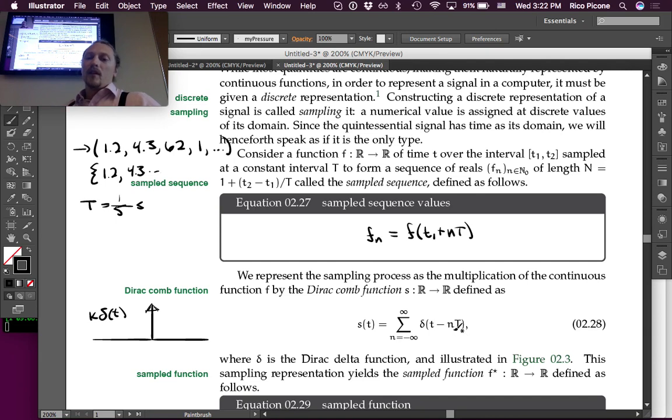When n equals 1, this is the Dirac delta function shifted over by T. And when n is 2, it's shifted over another T. So at every sample point in time, you're going to have a Dirac delta function there. That's what the Dirac comb function is defined to be.